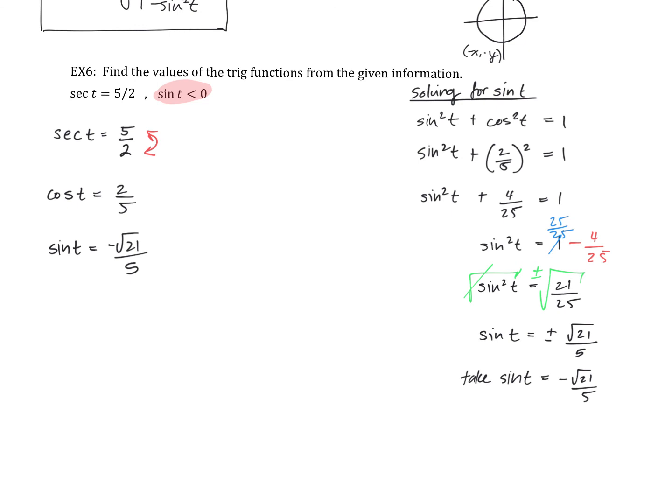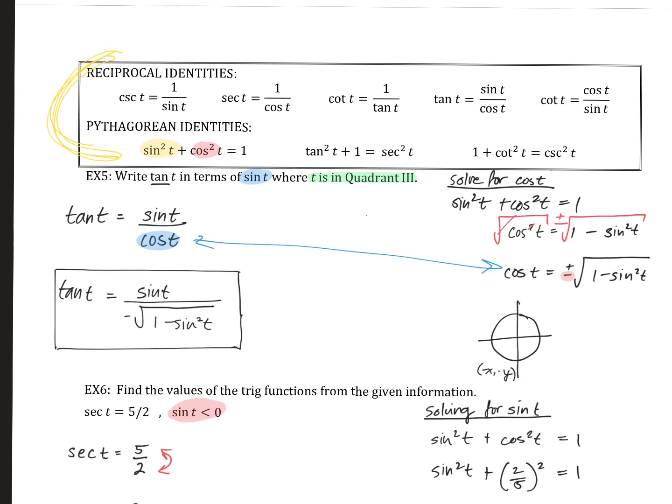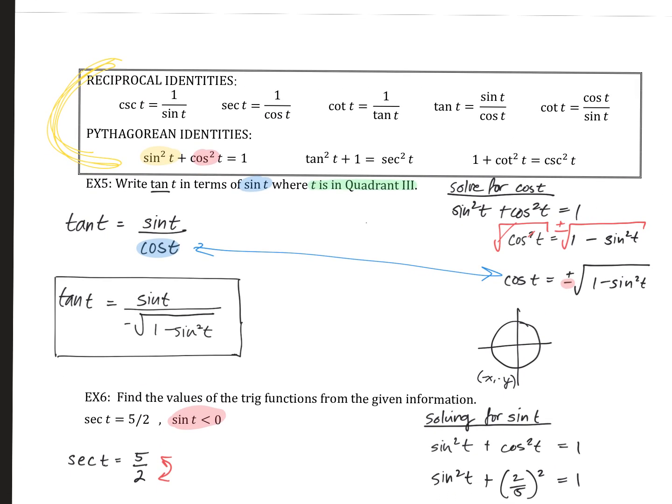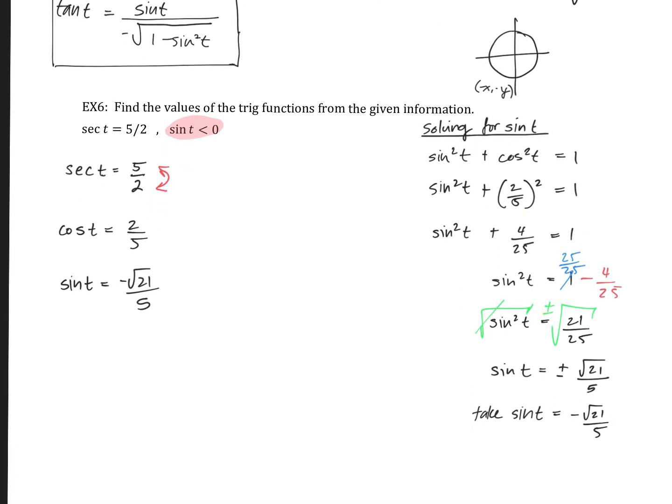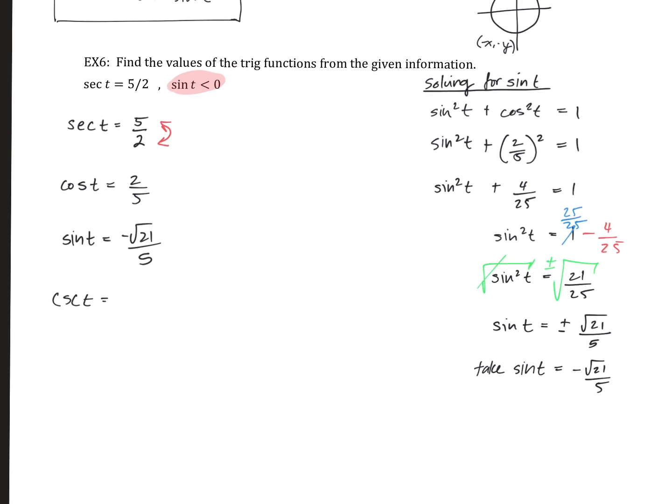Well, if you recall, what do we know about cosecant? Cosecant is the reciprocal of sine. Let's go ahead and do that. We'll take the reciprocal of sine. So cosecant of t is going to equal the reciprocal of negative root 21 over 5.